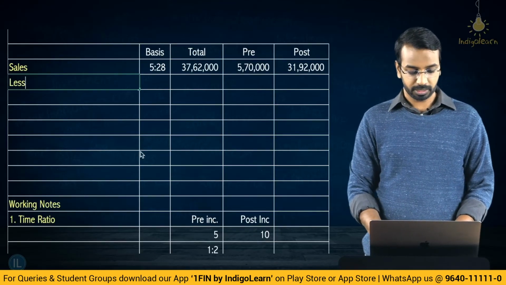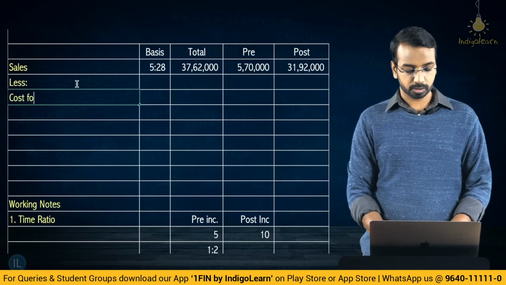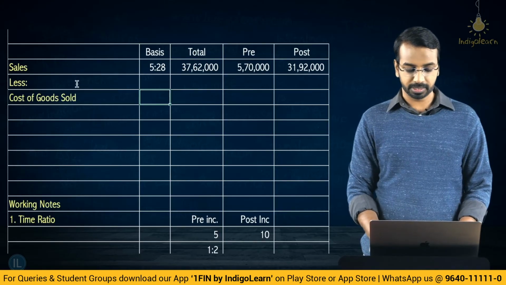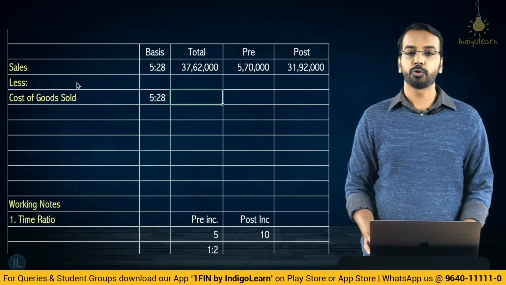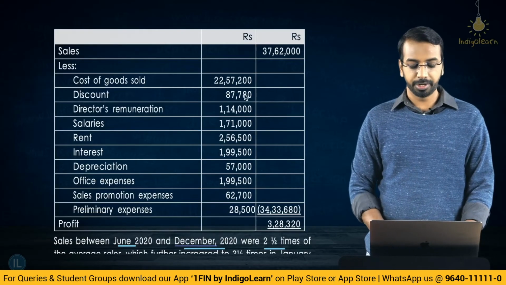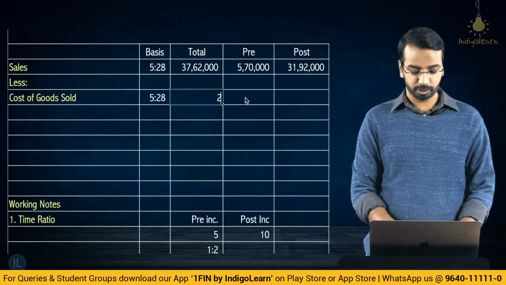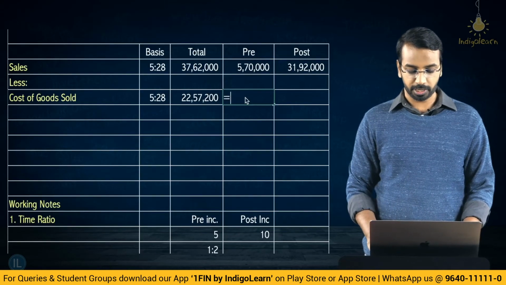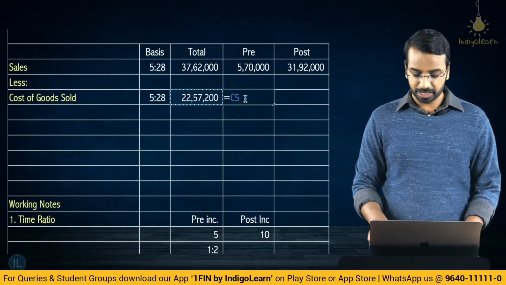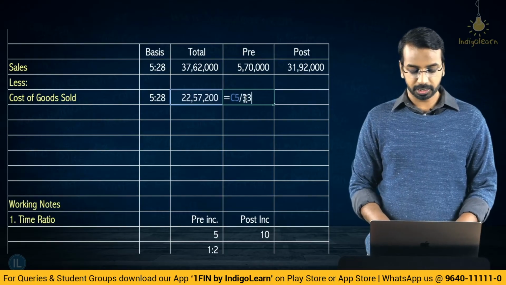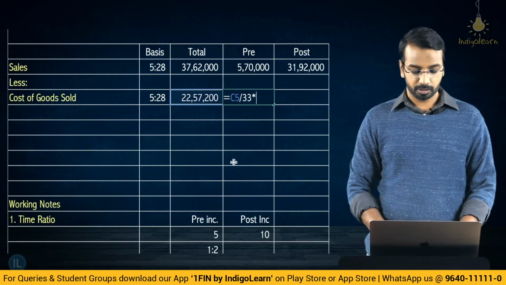Then, less cost of goods sold. What is the basis again? The basis is 5:28, that is the sales ratio. 22,57,200. How do you do that? 22,57,200 divided by 33 multiplied by 5.